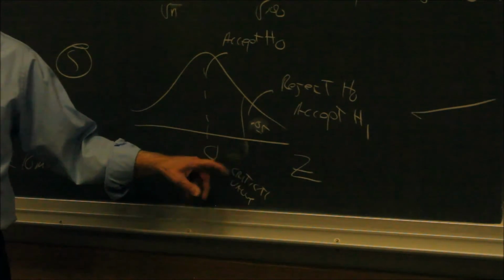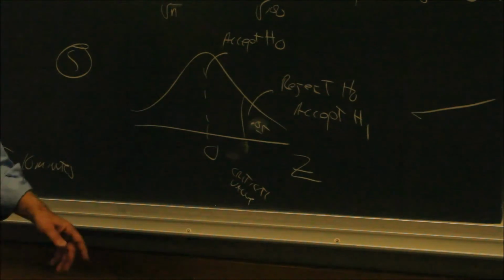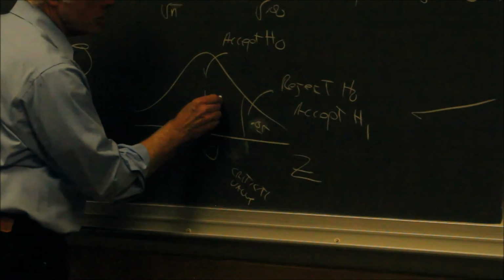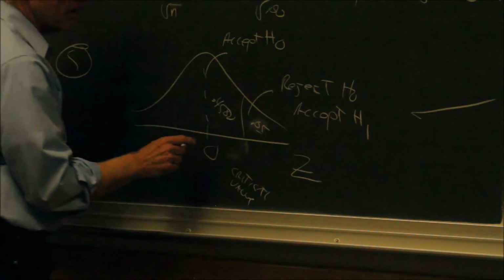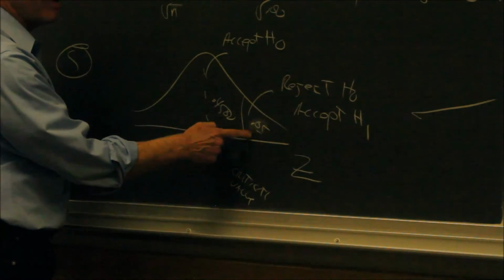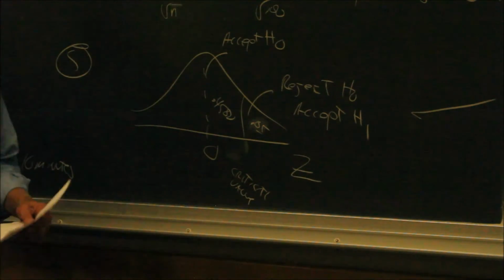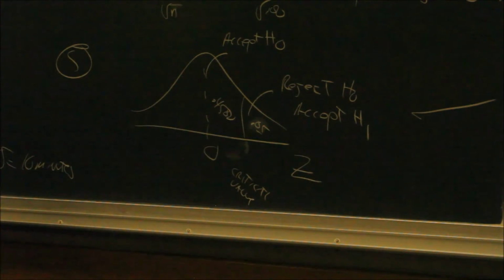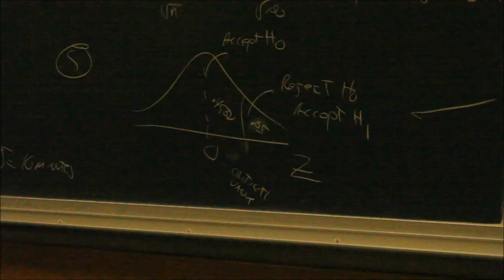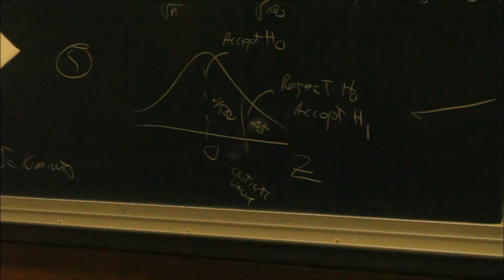You subtract it from 50. And you get 0.4500, right? So this is 0.4500 right there, because 0.450 plus 0.05 is 0.50, right? And so you go into the table, and you look up the closest z to 0.4500.